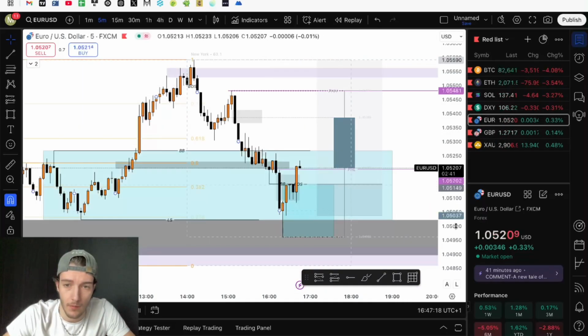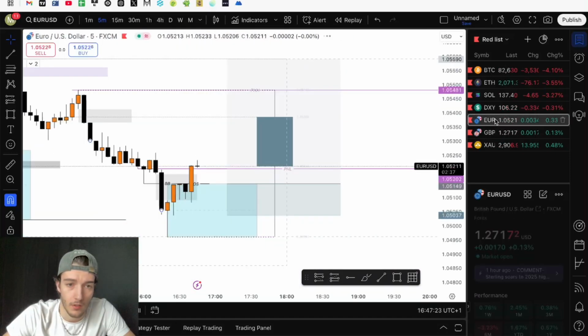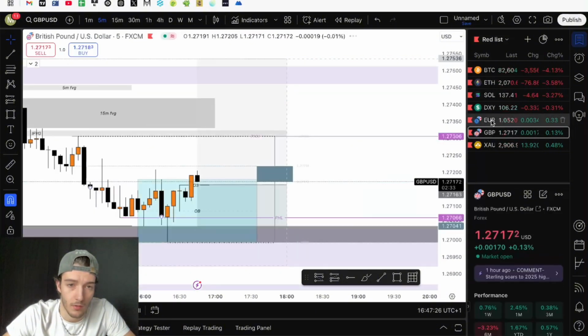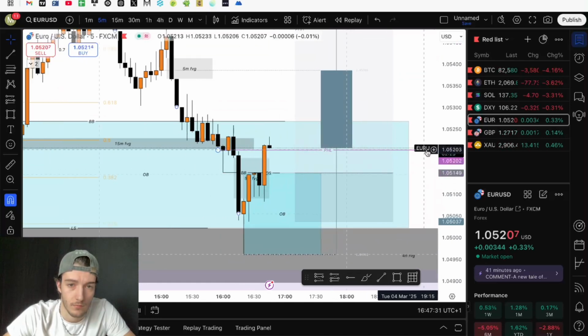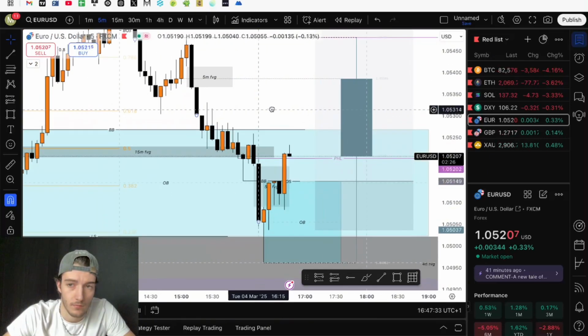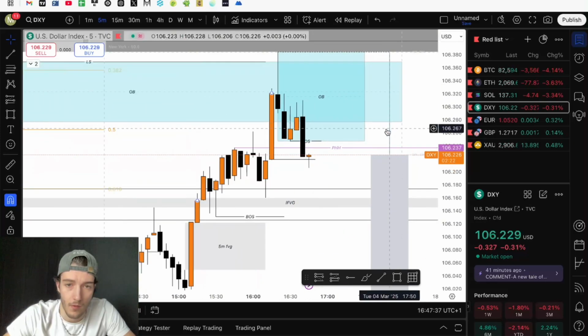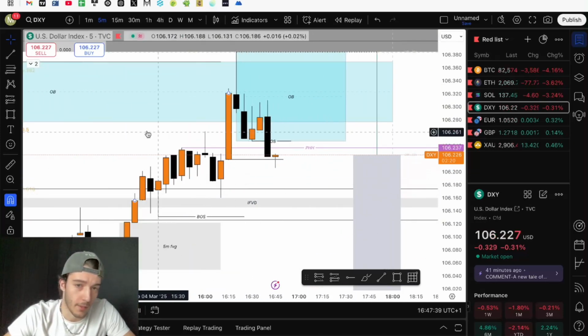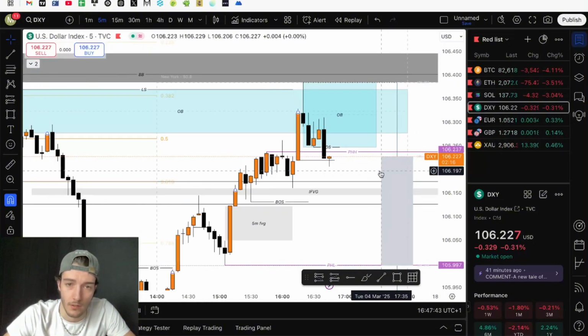So yeah, and it looks a bit more bullish than GU. Gotta be careful though, because the dollar might as well have just wanted to come back into this area here and move higher off of that.